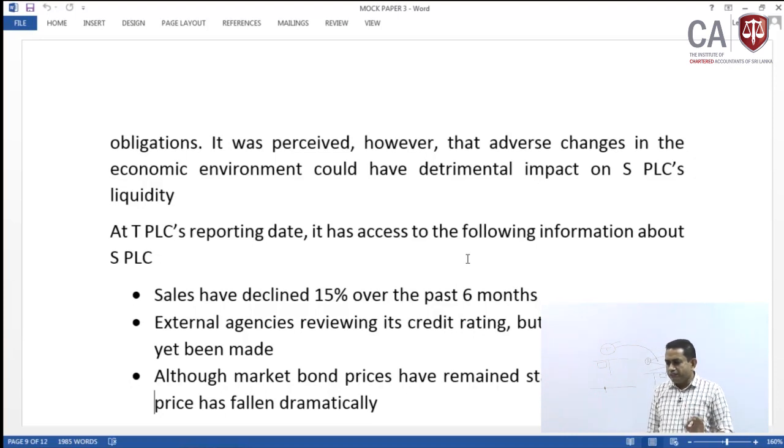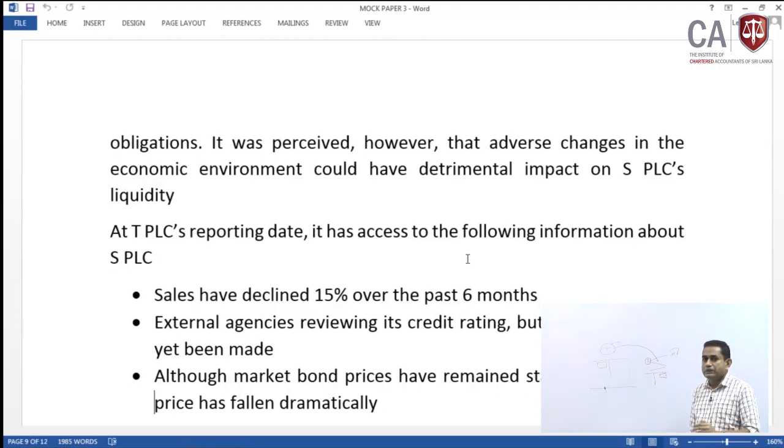External agencies are reviewing its credit rating, but no changes have yet been made. That of course is a different matter. They are collecting information and their assessment is not to be taken so seriously at this moment. Although market bond prices have remained static, company S's bond prices have fallen dramatically.